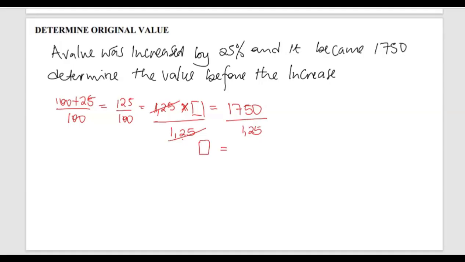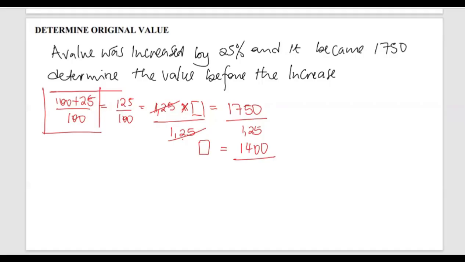The original value was 1,400. This is how we get there. That's why I want you to learn this kind of method, because it will make your life easy. If you use the other one, it takes a long step and some people can't even remember it.